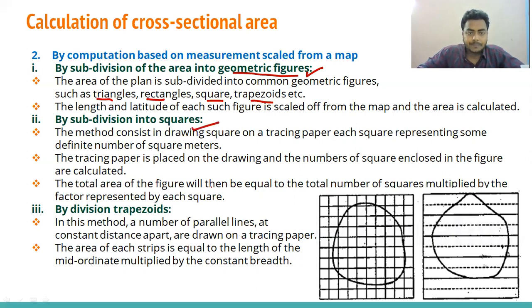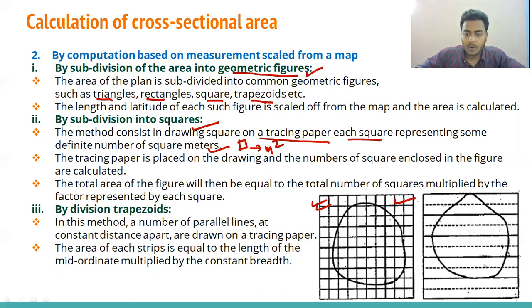Second method. You can see this figure, where a map is given. This method consists in drawing a grid of squares on tracing paper, each square representing some definite unit, a number of square meters. Suppose this square is 1 square meter. We place the tracing paper on the map and find how many squares fall within the required area.